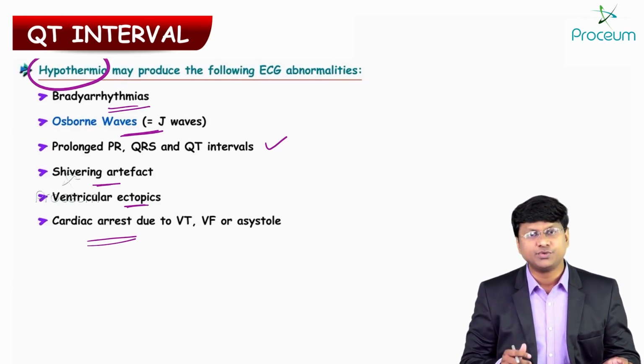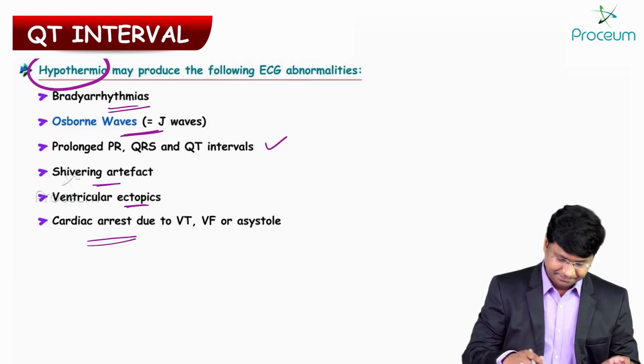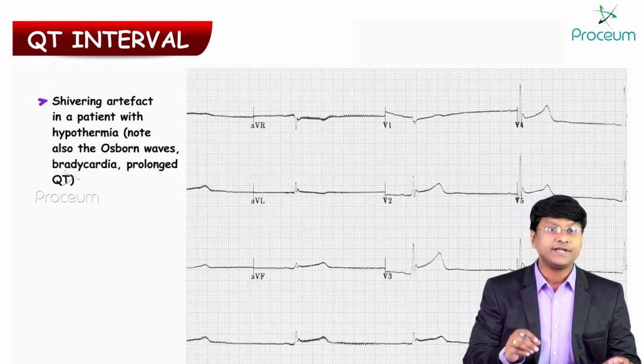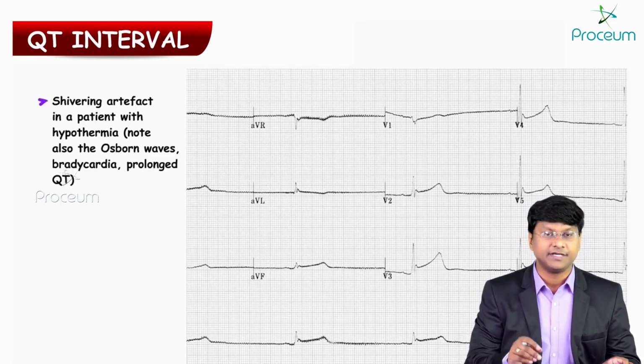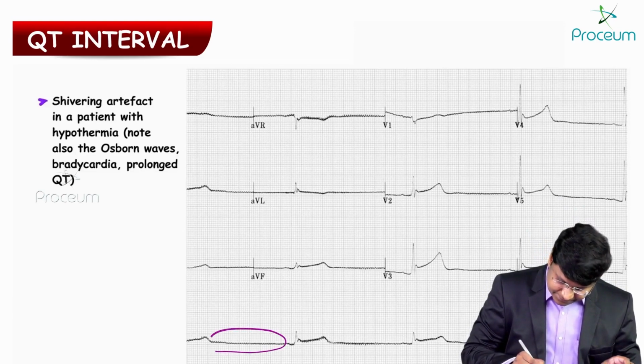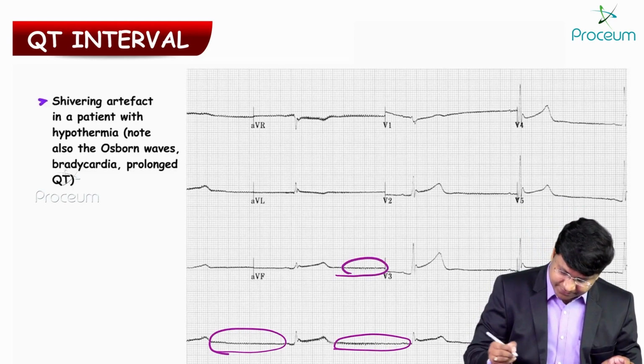Now let me show you the ECG with the shivering artifact. So this is the ECG with shivering artifact in a patient with hypothermia, right? You can make out here the isoelectric baseline is not straight.